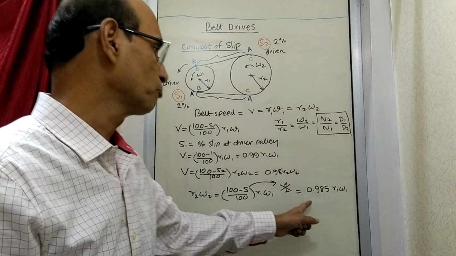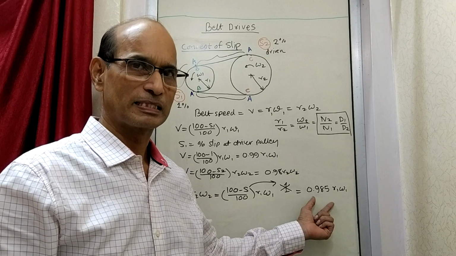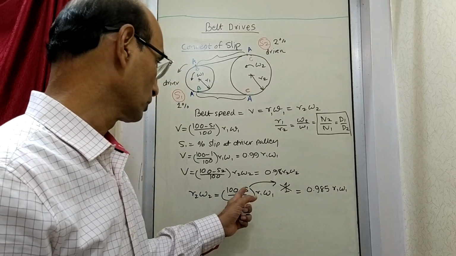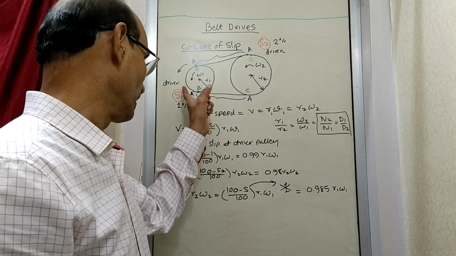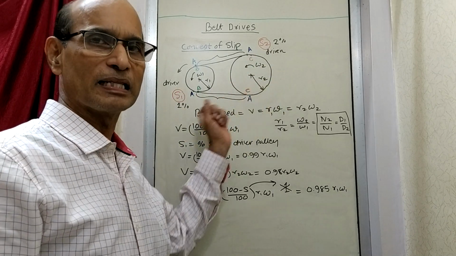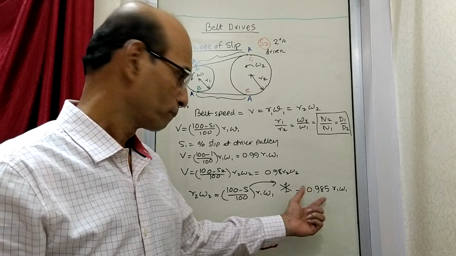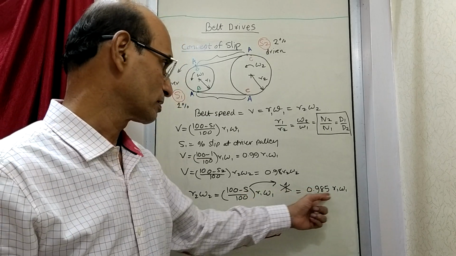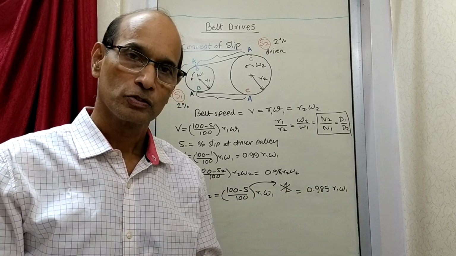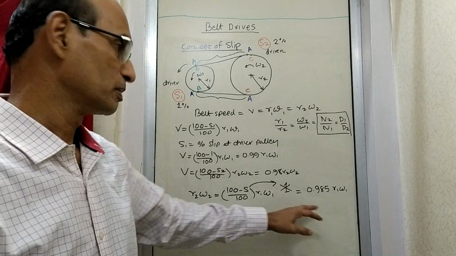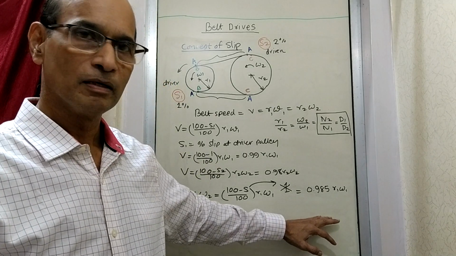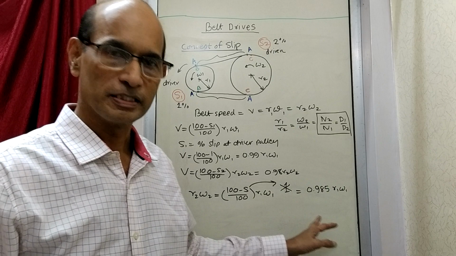So instead of 1, it is 0.985 times, slightly less, which has happened because of the total slip. Now total slip, instead of saying S1 1%, S2 2%, it is said that the total slip S is say this much. So accordingly the value has come like this. Okay, so this way the concept of slip is taken into consideration for finding out the velocities.